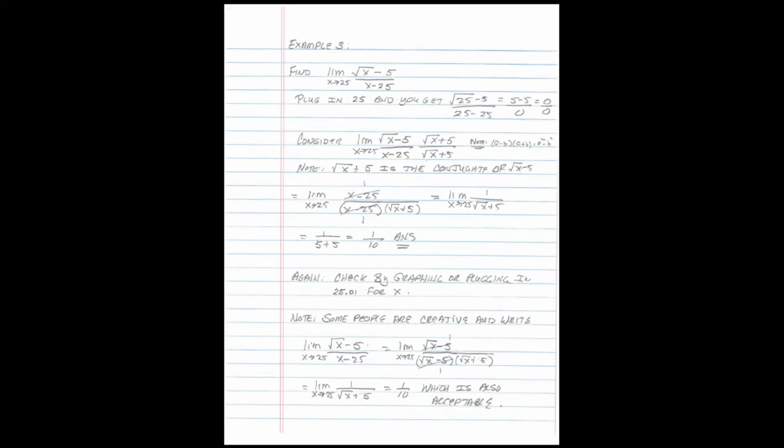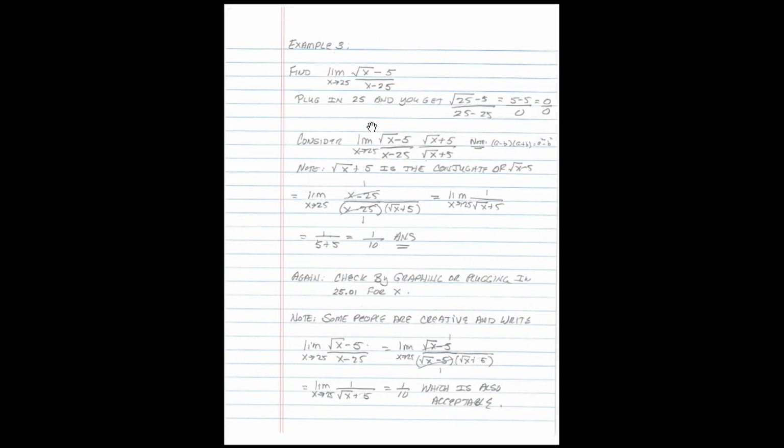And what I'm going to do is something that you learned in algebra: we're going to multiply the numerator and denominator by what's known as the conjugate of the numerator. Now, the conjugate of the square root of x minus 5 is the square root of x plus 5.